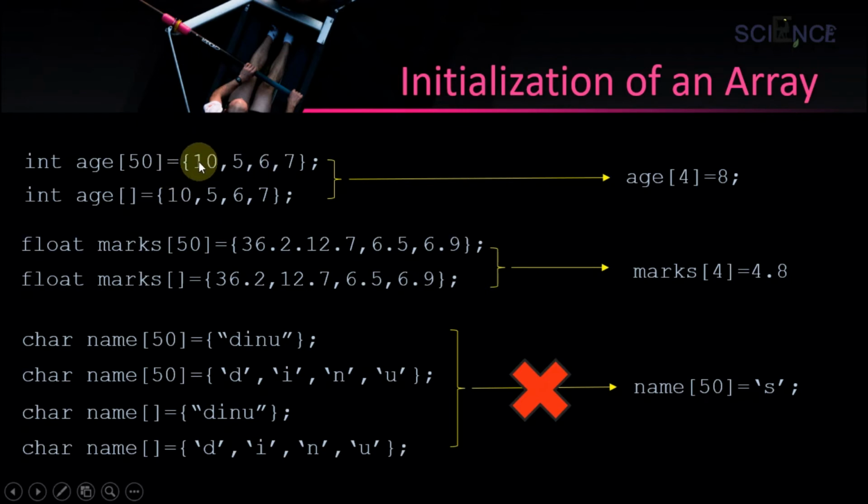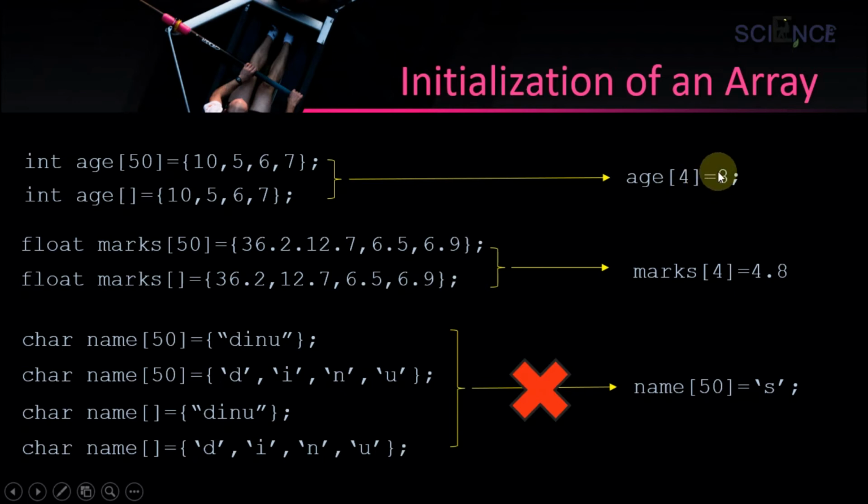Here it is 0, this is 1, this is 2, and this is 3. So I can assign into index 4. How can I write it? I need to mention the name of my array, it is age, and I need to mention where I should assign this value. What is the index that I am going to store? It is 4, right? So I am going to store in array age at index 4.